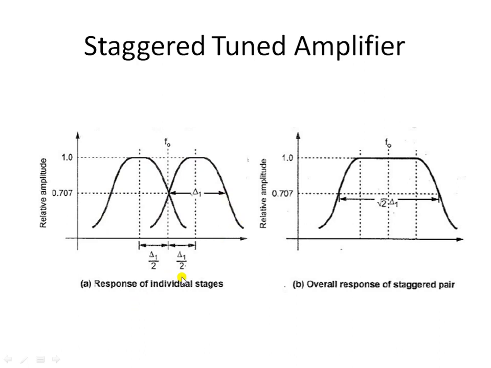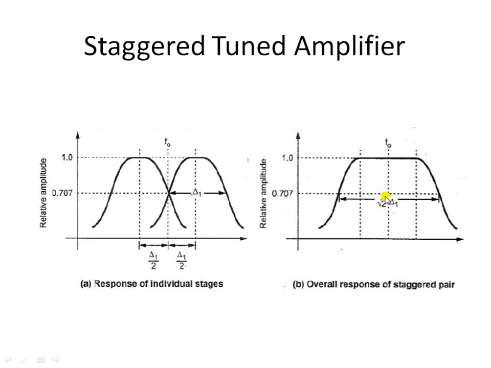We can say these are the individual responses of the stages, and because of staggering, the overall response looks like this. Of course, again there is a lot of mathematical analysis involved in how this bandwidth is achieved and why it is widening.